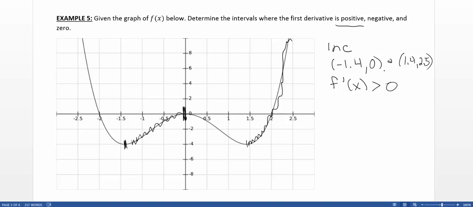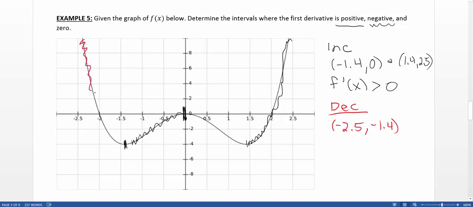Now let's talk about where the first derivative is going to be negative. So again, the first derivative is going to be negative where the original function is decreasing. Here we can see that we're decreasing from roughly negative 2.5 until negative 1.4.